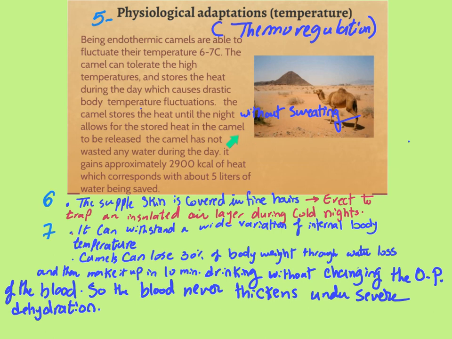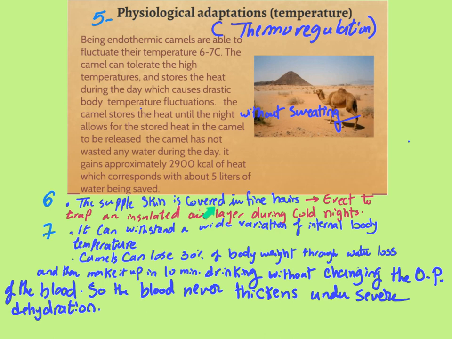So even during night, when the animal loses its heat, it doesn't sweat as much. This means that the camel can adapt to variable temperatures, keep the water inside, and the body can tolerate fluctuation in the body temperature.